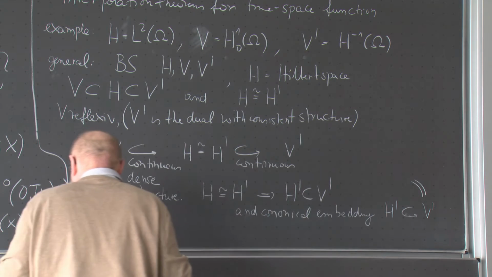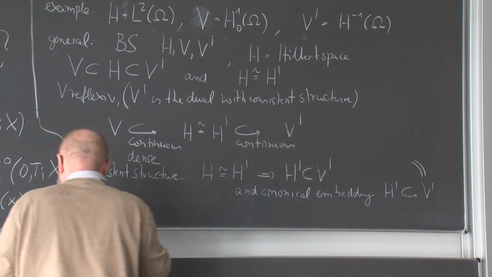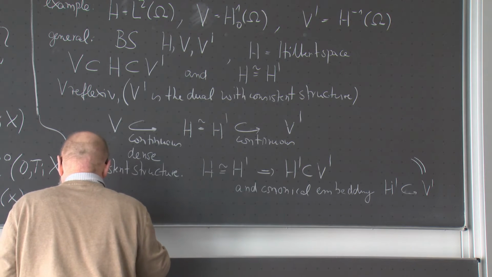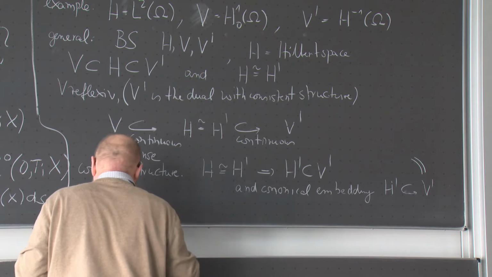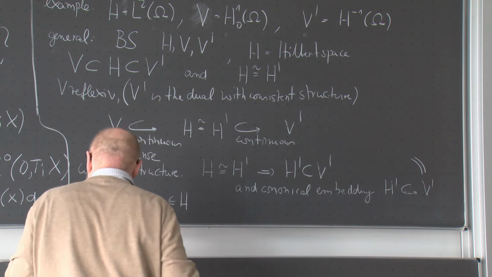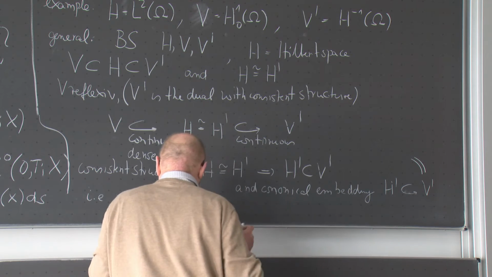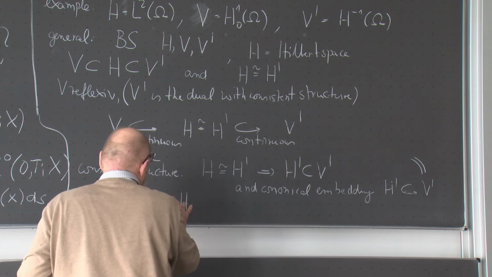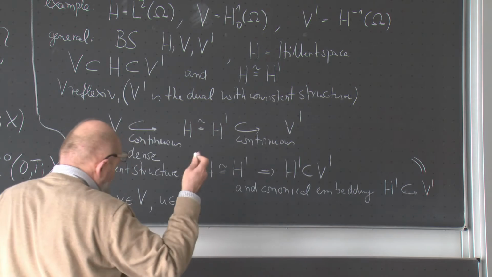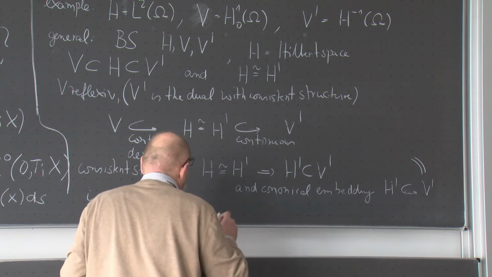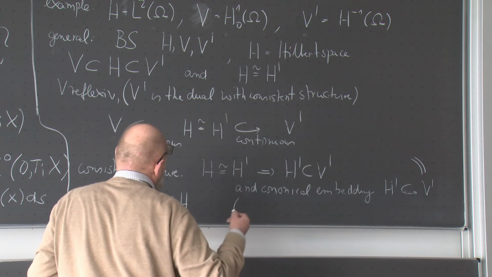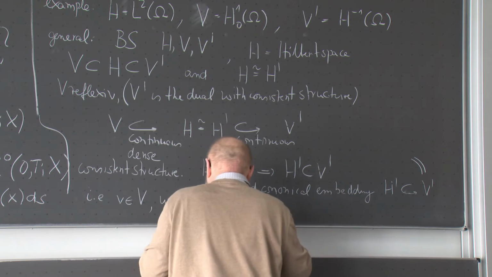That means the following: if we have a function, let's say v in capital V, and a function u in H, then on the one hand side, we can interpret both of these functions in H, specifically in the example in L2. So we have the duality pairing, which has become an identity with the scalar product.